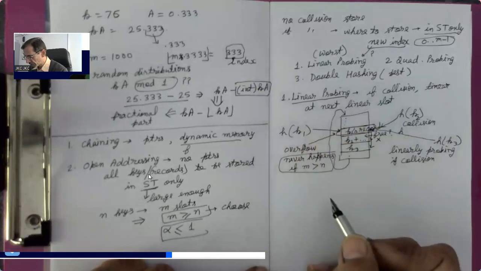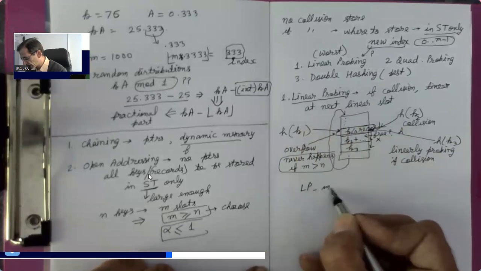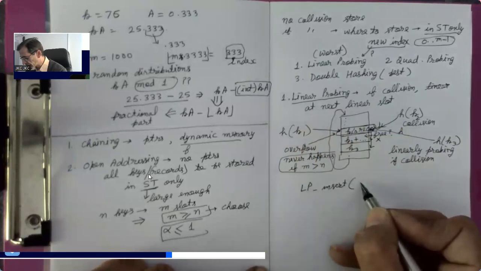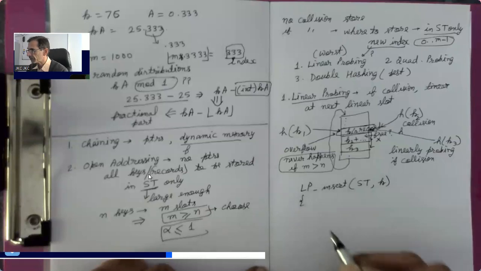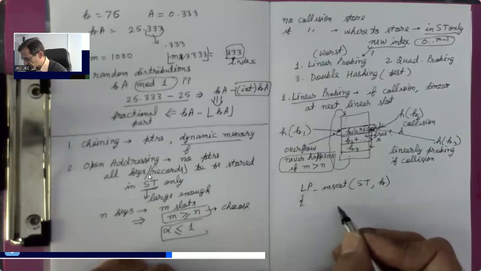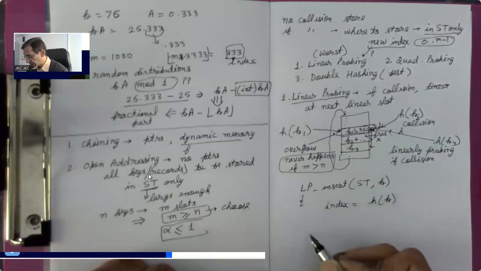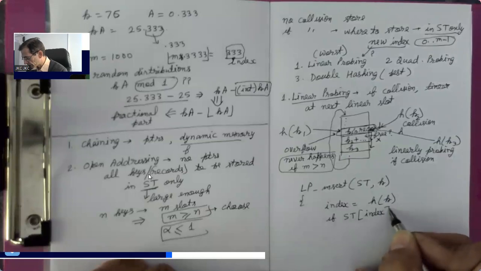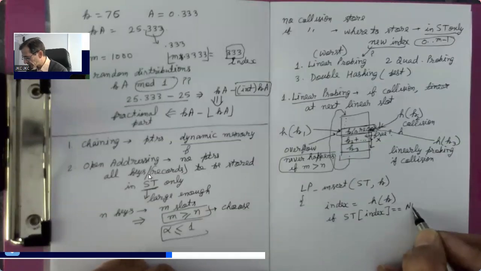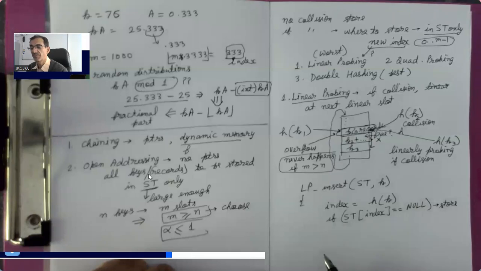How to implement that? Say I want to insert some key K into the storage table given to us. How to do that? First of all, I will calculate the index: index equal to the hash function applied over the key. If this location is free, equal to null or -1 or whatever, then I can easily store and come out.